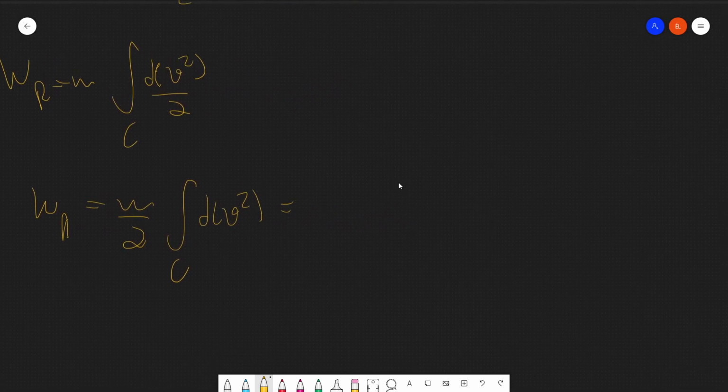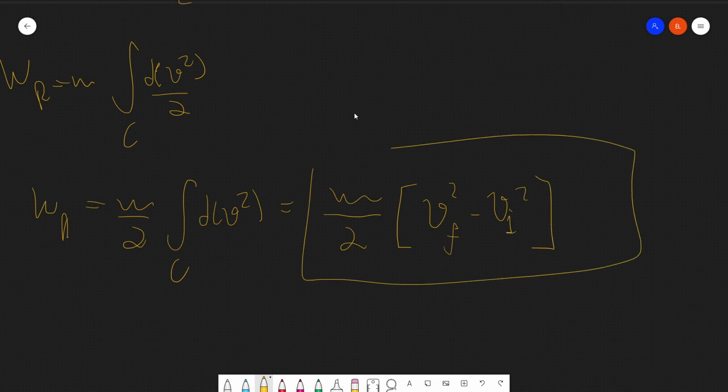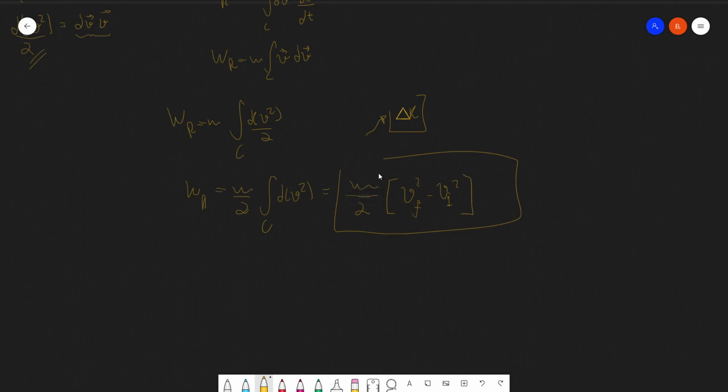And this is equal to m over 2 times vf squared minus vi squared, sorry. And what is this? This is exactly the variation of kinetic energy. And there we go, we proved this.